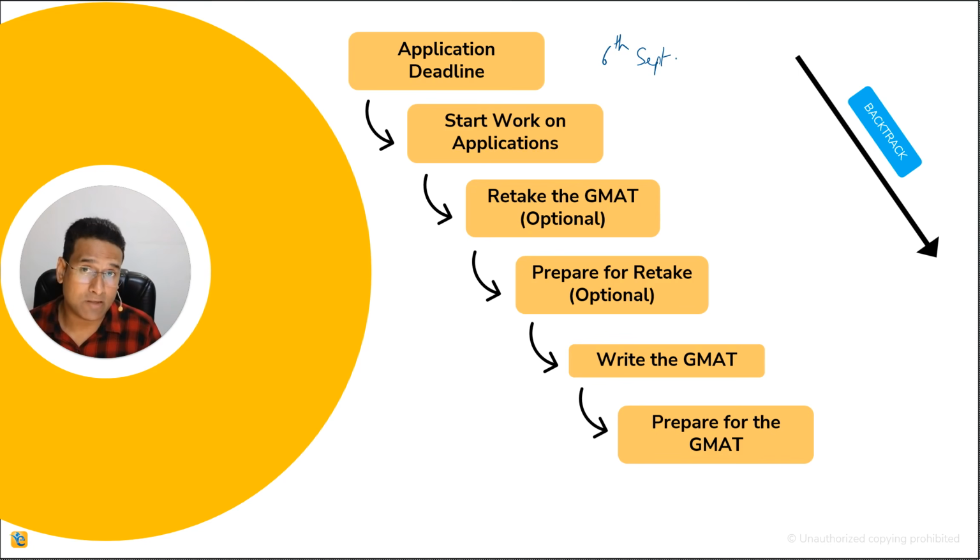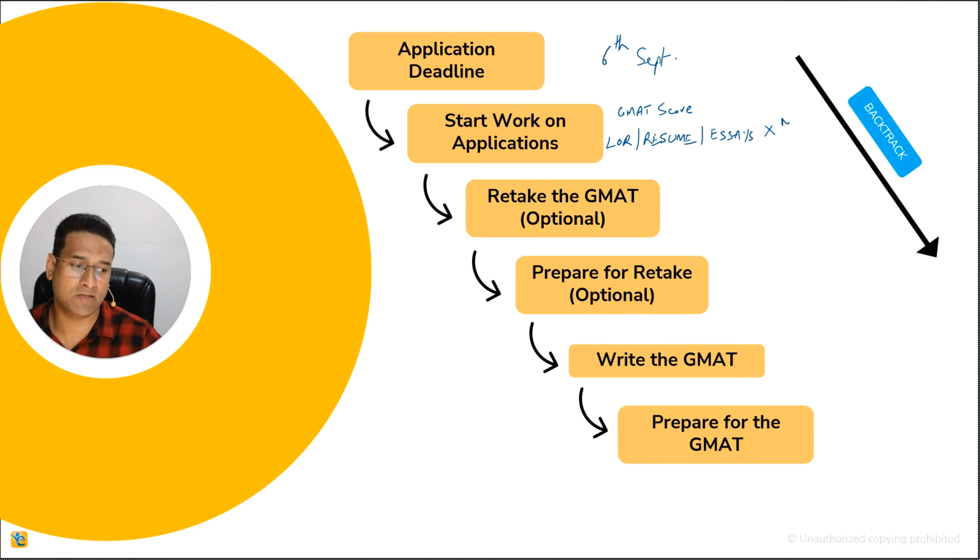But in order to submit your application, in addition to a good GMAT score, you're going to need certain supporting documents such as your letters of recommendation, a well-drafted resume, and your application essays.